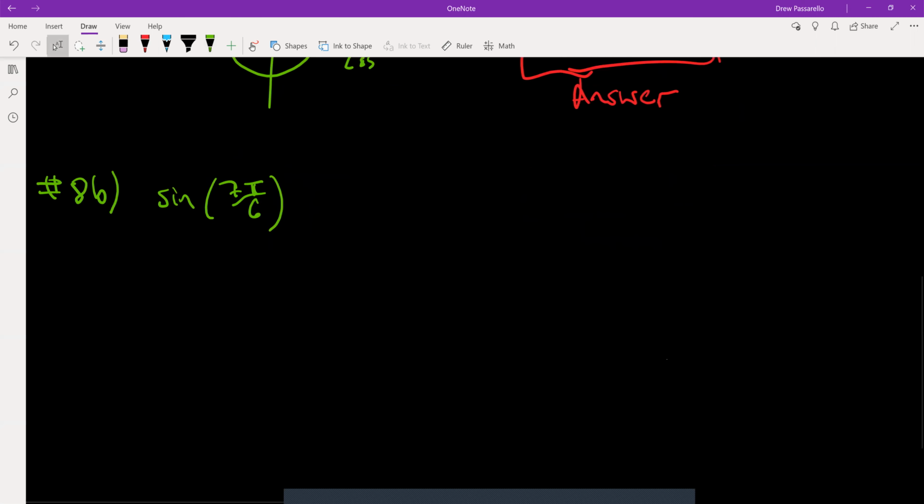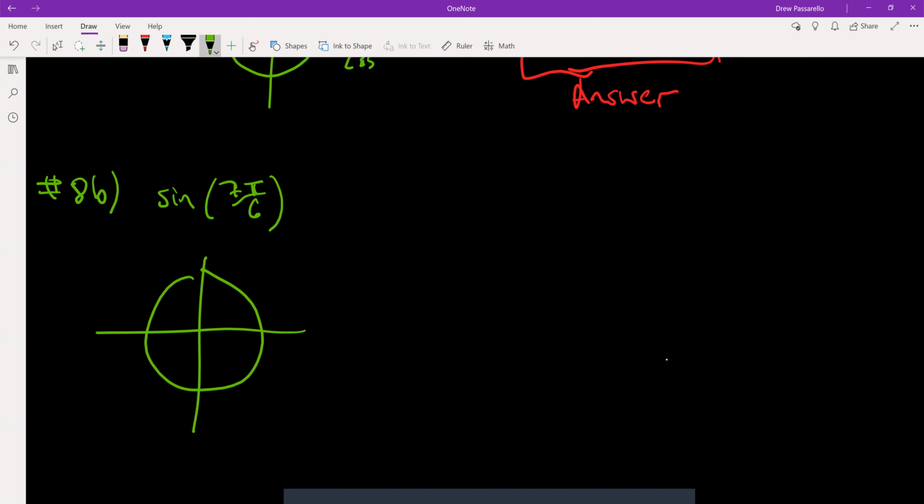Now 7 pi over 6. Again, I'll reference the unit circle. That's going to be somewhere right there, going counterclockwise, so that's 7 pi over 6. The point has the coordinates negative square root of 3 over 2, negative 1/2.